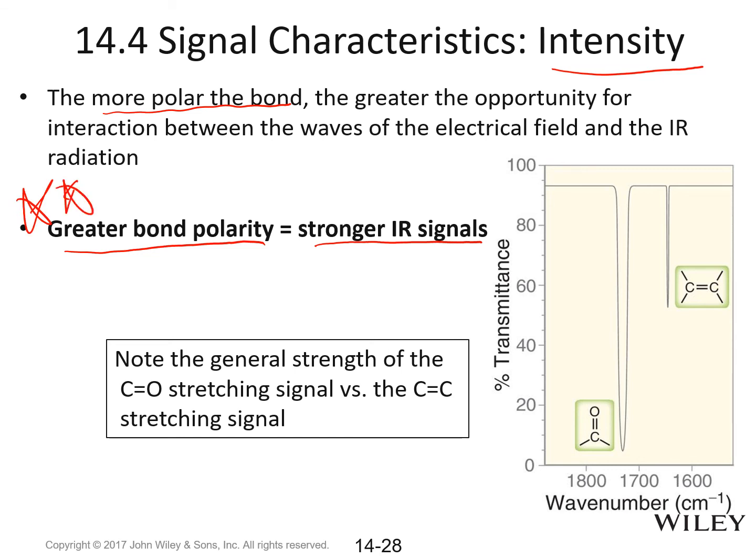For example, look at the carbon-oxygen double bond versus the carbon-carbon double bond. We can see that our carbon-oxygen double bond, the carbonyl, is an extremely intense peak, versus a carbon-carbon double bond, which is a much weaker signal.